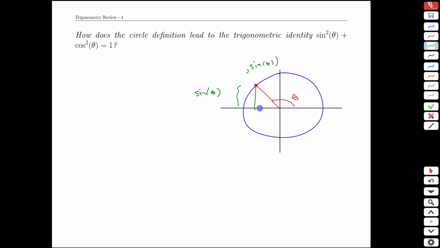This distance here on the axis horizontally is cos of theta, because the x-coordinate at the point we're talking about is cos of theta.